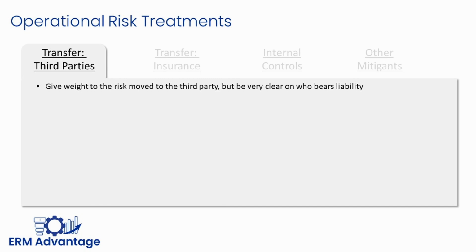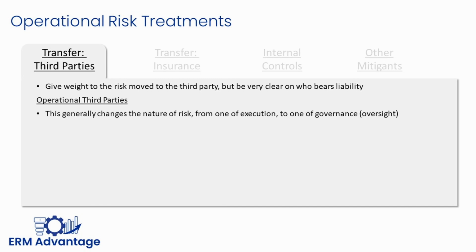What typically happens when using third parties for process outsourcing is you're simply changing the nature of the risk from one of execution to one of oversight and governance. Now, I'll have a whole series on managing third parties later, a messy proposition on a good day. Still, the net effect can be risk reduction, but we have to be very, very clear on where responsibility lies for what.